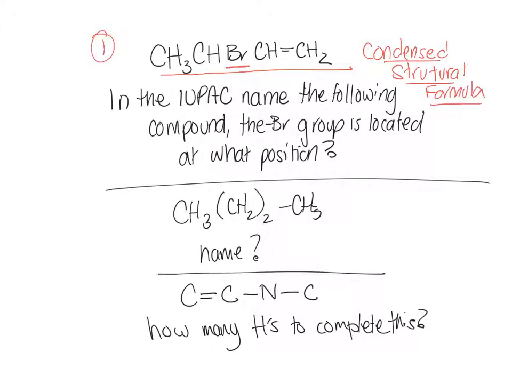What we're going to do is we're actually going to draw out the real structural formula for it. So all I've done so far is just draw out the hydrogens that are attached so that you can see that this CH3 here is this one that's here.